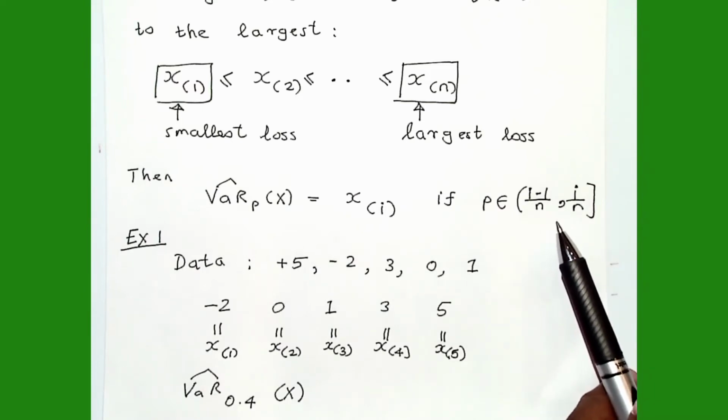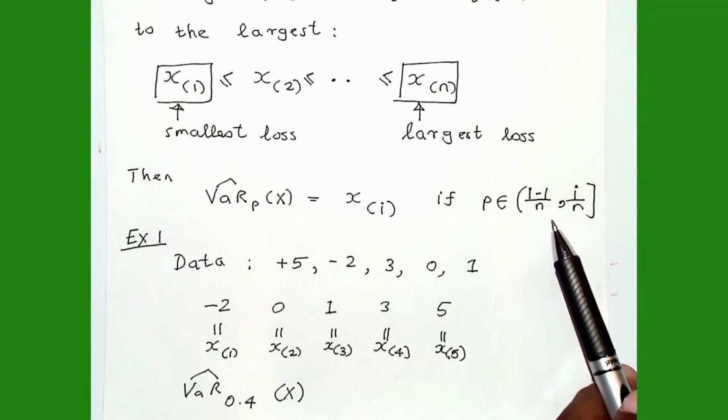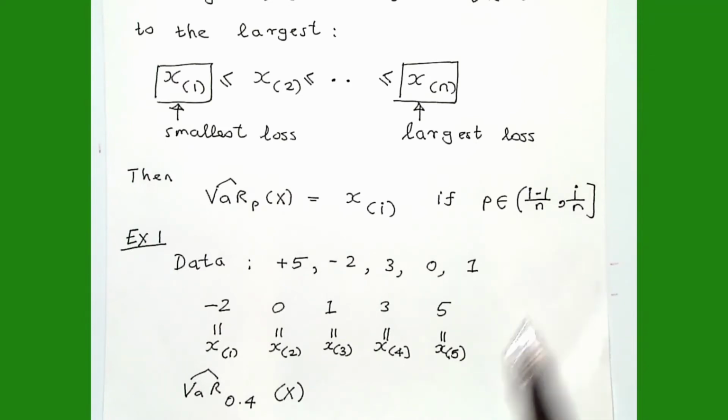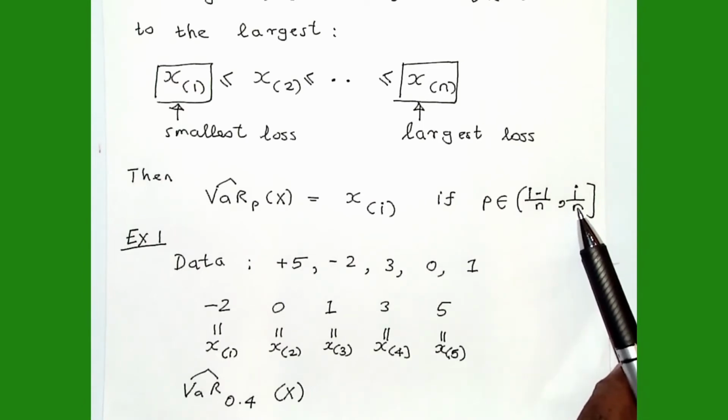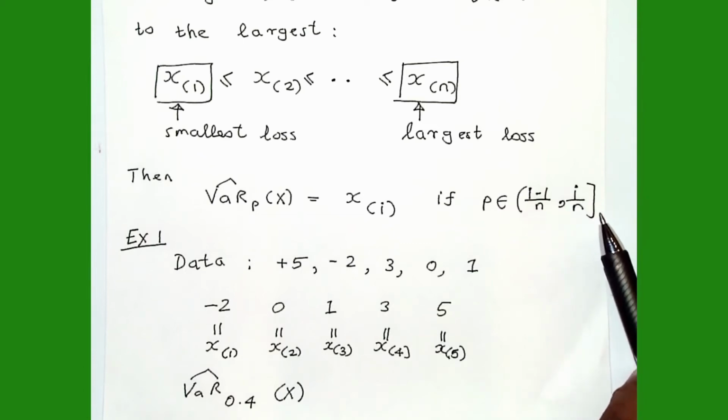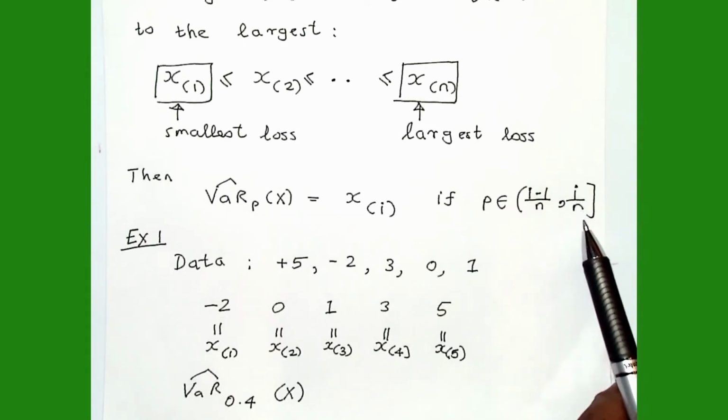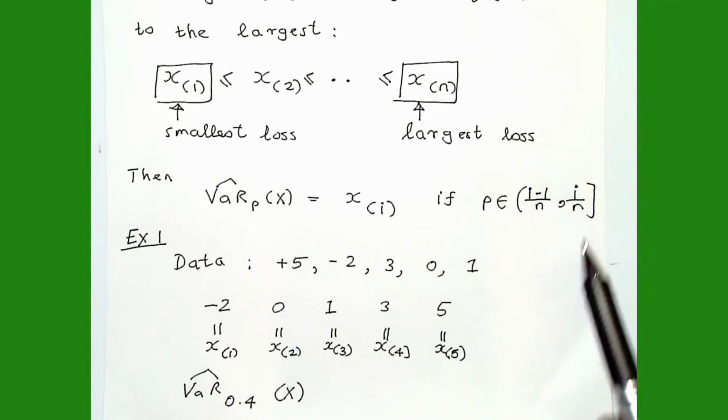So (2 minus 1) divided by 5 will be 0.2, and i divided by n, 2 divided by 5, will be 0.4.